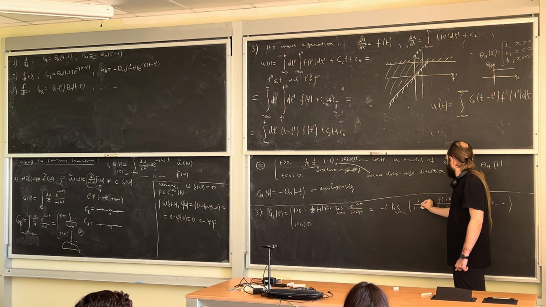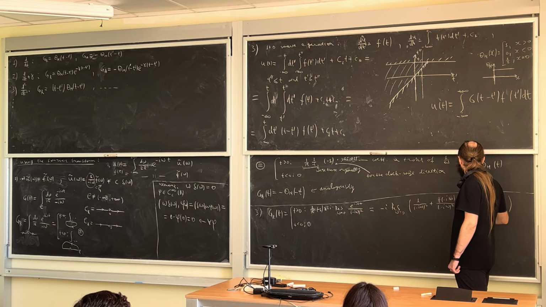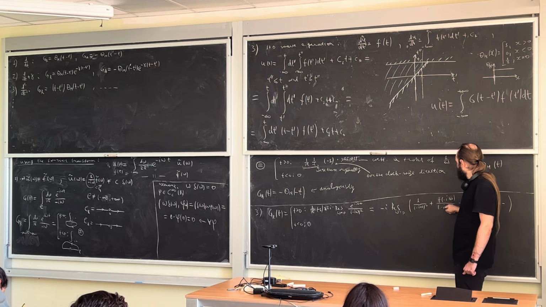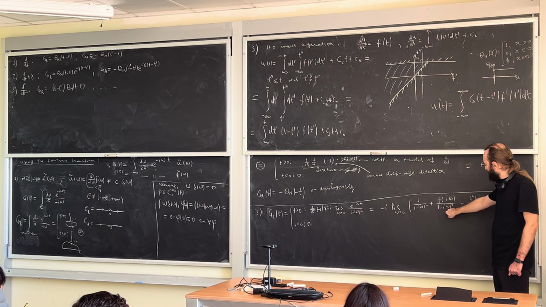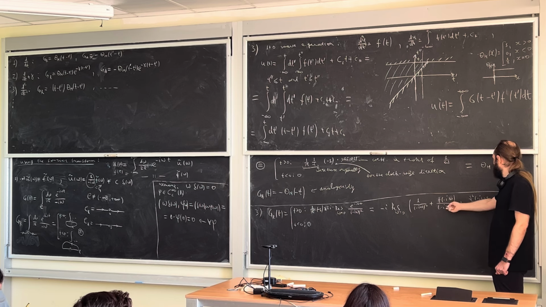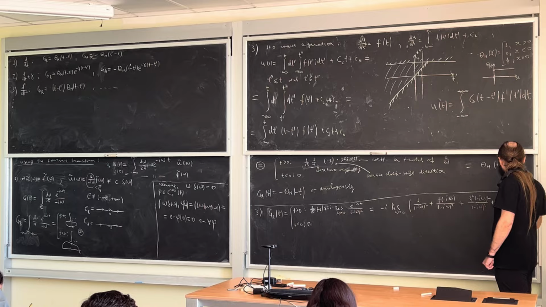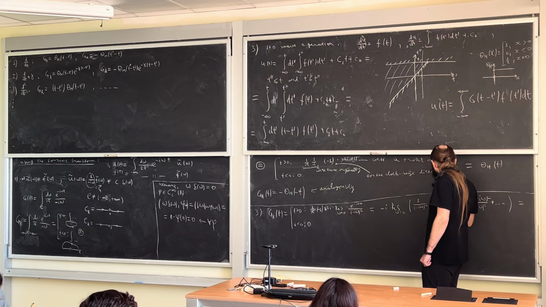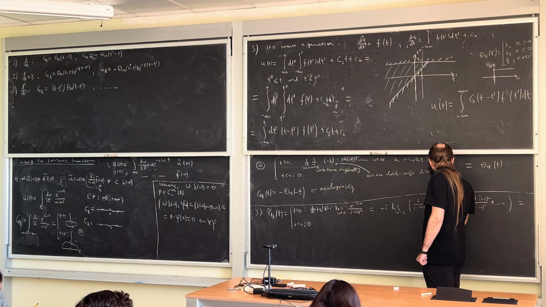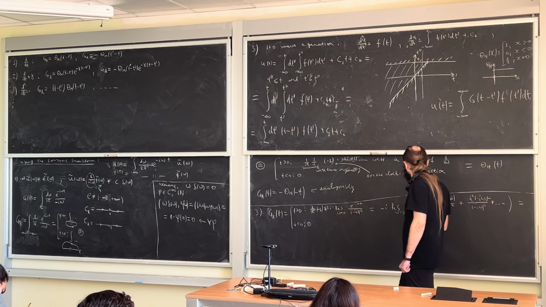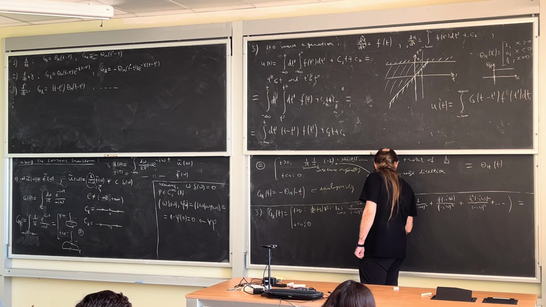So this is of order omega squared. This is of order 1. Those are also regular, so we don't care about them. We care only about this term, because only this one behaves like 1 over omega. So this is minus i.